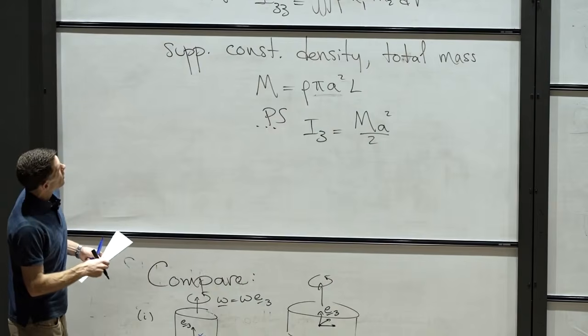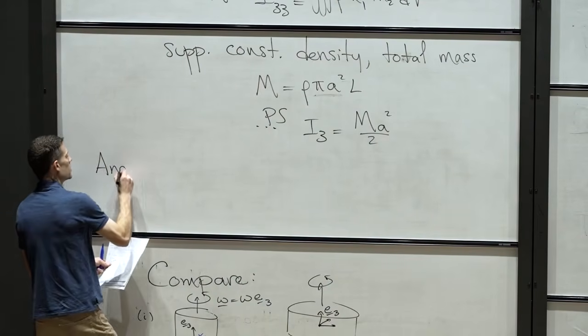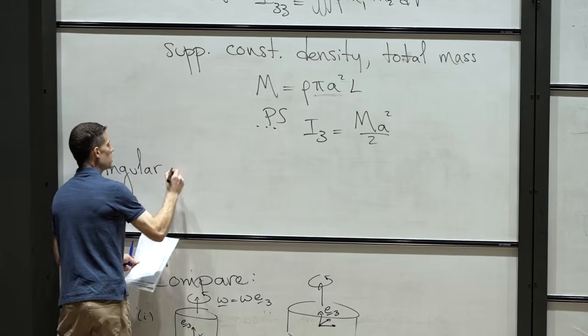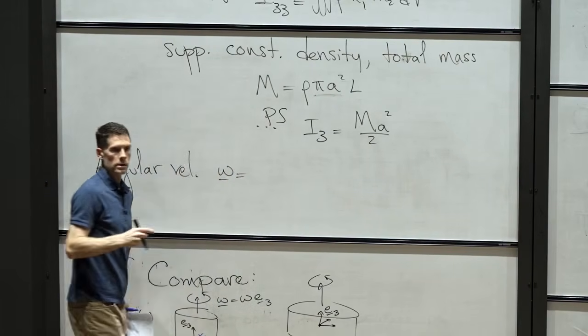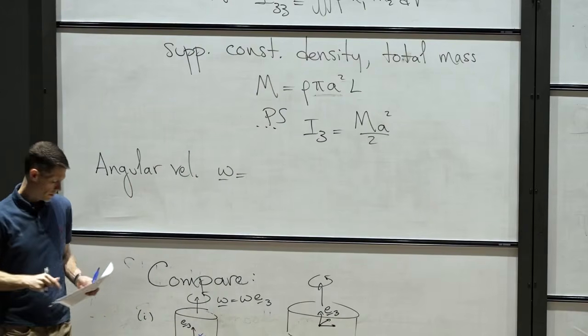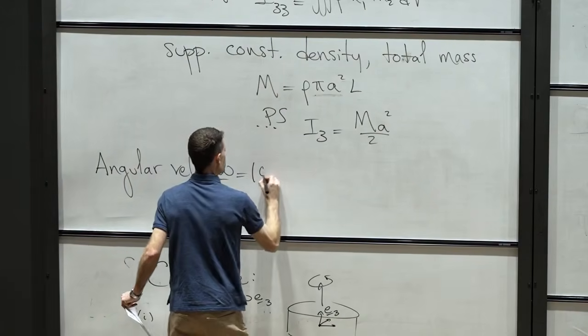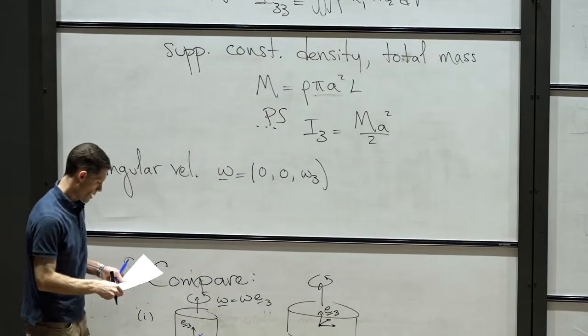Okay. Got an inertia tensor, angular velocity. It's only rotating about that E3 axis, right? So omega is of the form 0, 0, omega 3.